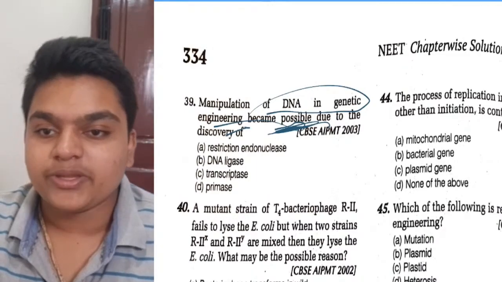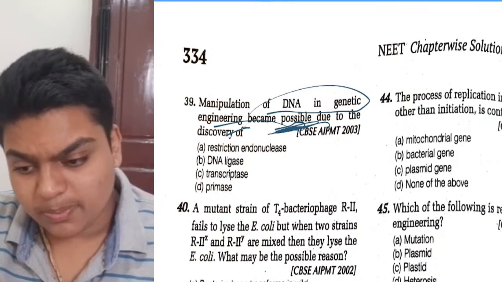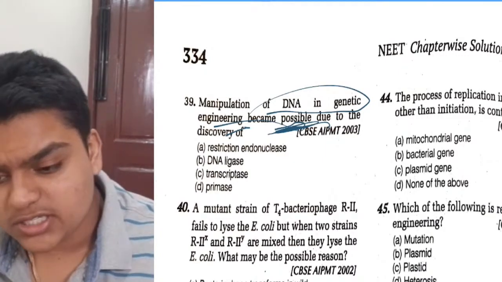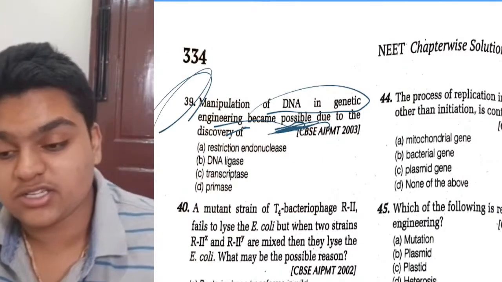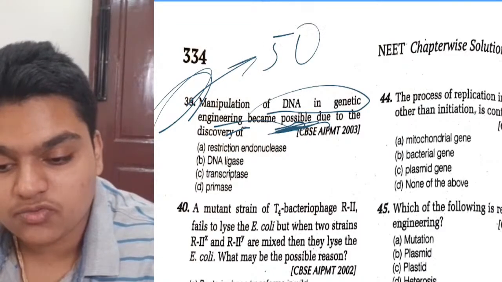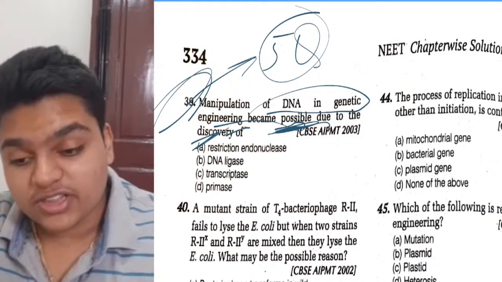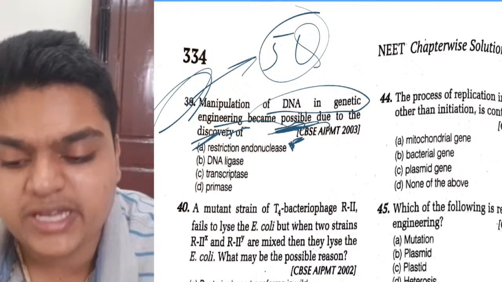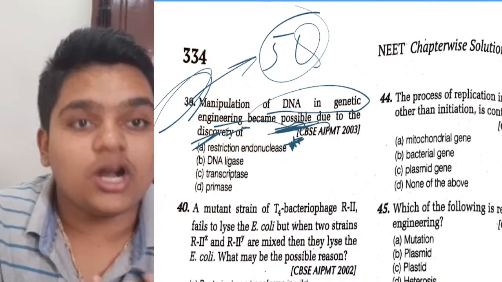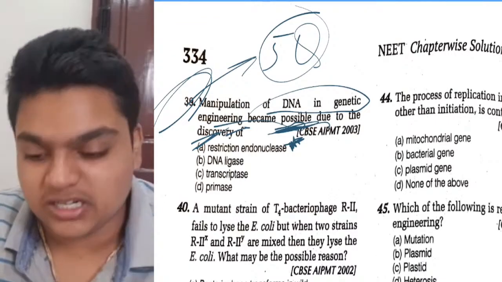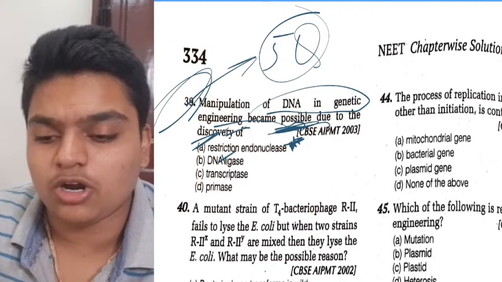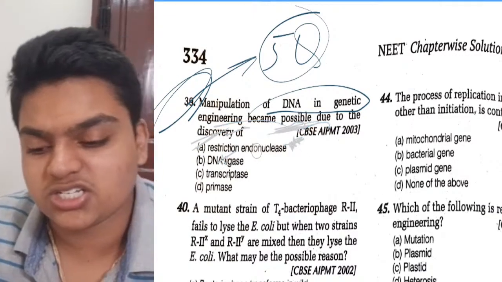This is your fifth question on the same thing. So restriction endonuclease. Without restriction endonuclease being discovered, you cannot cut the DNA, and you cannot paste the DNA using DNA ligase. So do not opt for DNA ligase, but opt for restriction endonuclease.